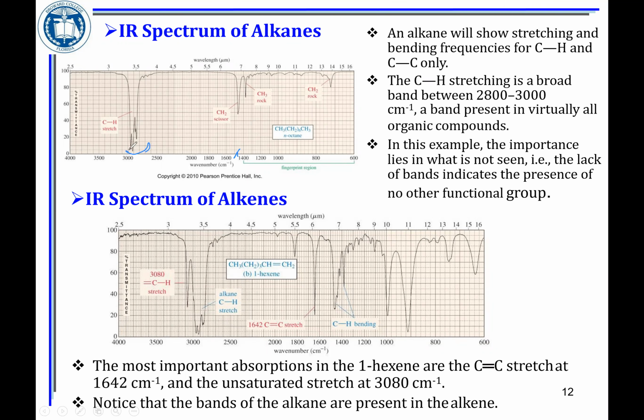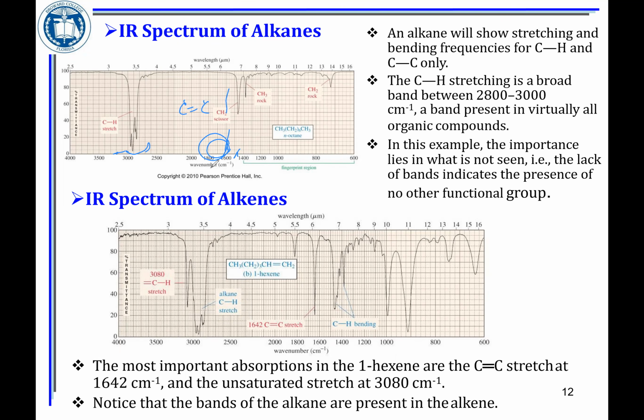We don't have anything over 3000. If we don't have anything over 3000, that means there is no hydrogen attached to an sp2 carbon. We don't have any peak at around 1600. If there is no peak at 1600, that means there is no CC double bond. So this must be a saturated hydrocarbon like an alkane.